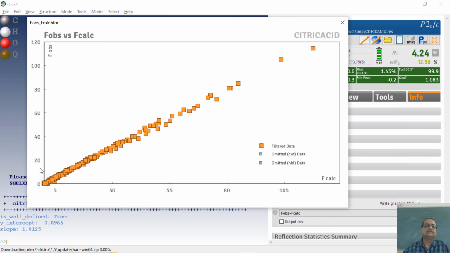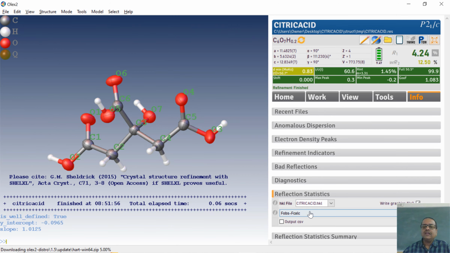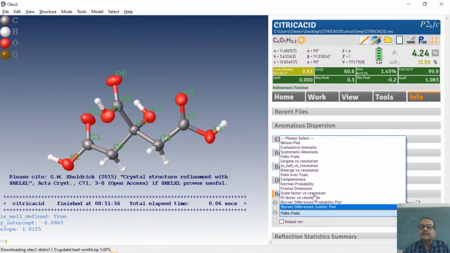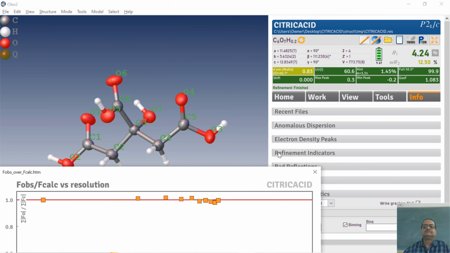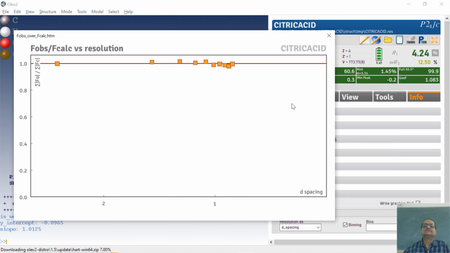So the values of F observed and F calculated are plotted and everything is falling on a straight line. So F observed minus F calculated is going to be close to 0. So we are plotting F observed versus F calculated. We will have another plot where F observed by F calculated, right? Again, it falls close to 1.